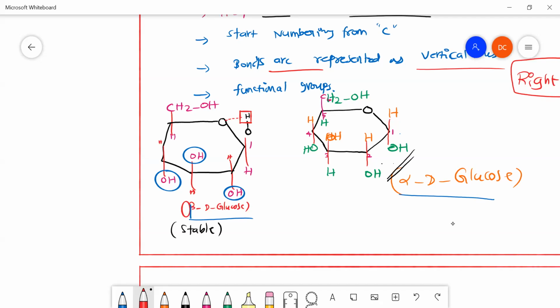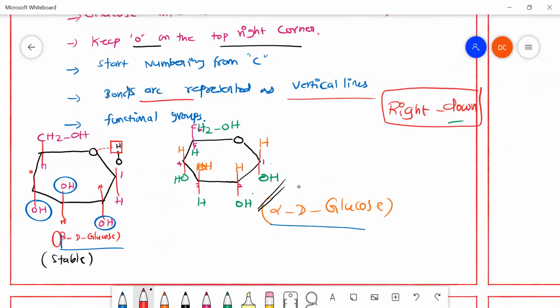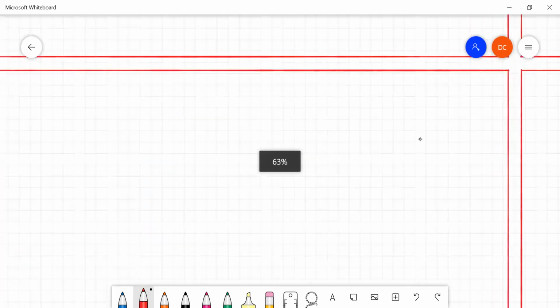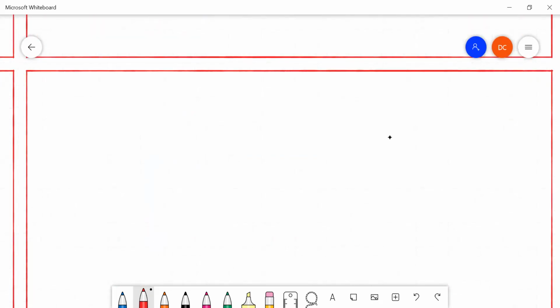Alpha D glucose is less stable due to lone pair repulsion, and beta D glucose is highly stable due to hydrogen bond formation. So beta D glucose is highly stable compared to alpha D glucose.